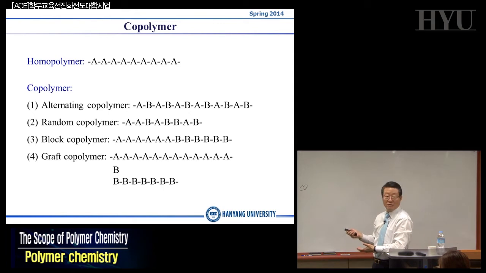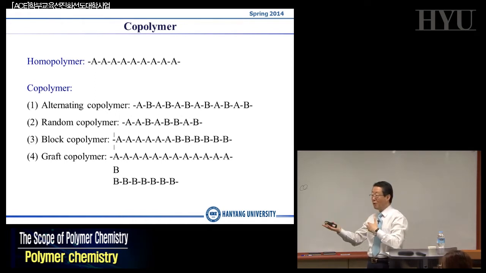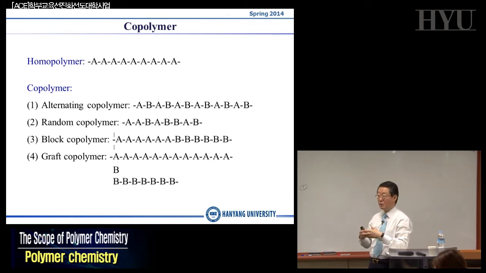Well, properties are quite different depending upon the type of copolymer. Okay? A block copolymer is sometimes easy to make, but sometimes very difficult to make, depending upon how you're making it. Block copolymer is different from random copolymer because the property of the A block and the property of the B block are matched together, whereas in the random copolymer, A and B are quite mixed and randomly distributed.